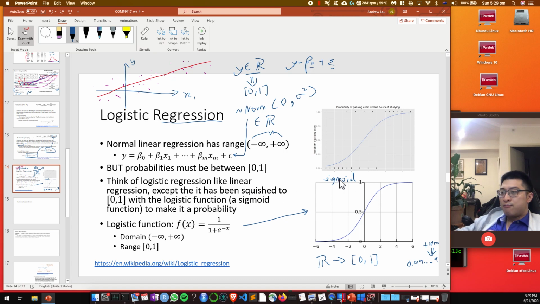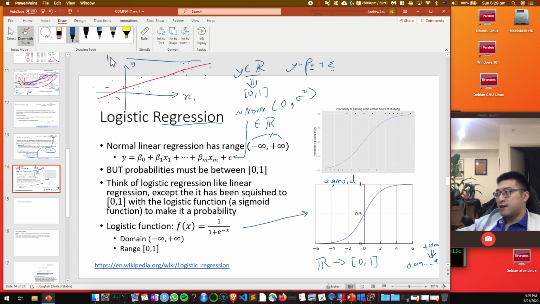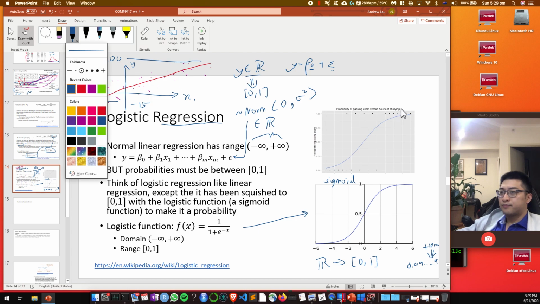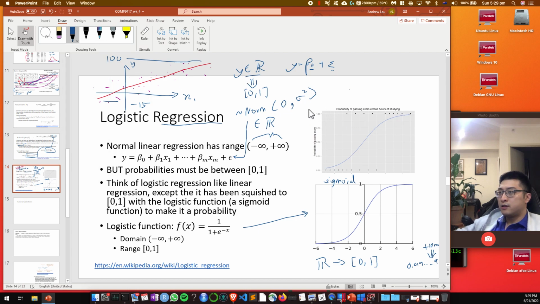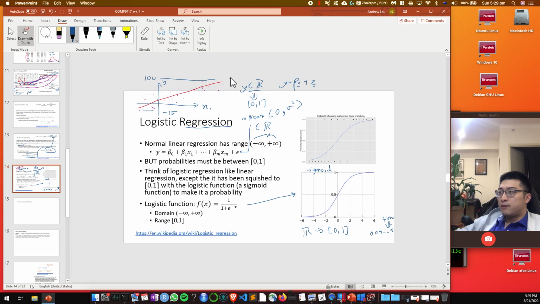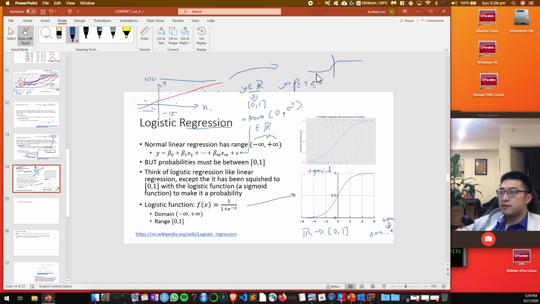So what we're doing with logistic regression is effectively this: let's say over here it reaches 100, and down here it reaches, say, -15. What you do then is apply your sigmoid function, and it will look something like this.